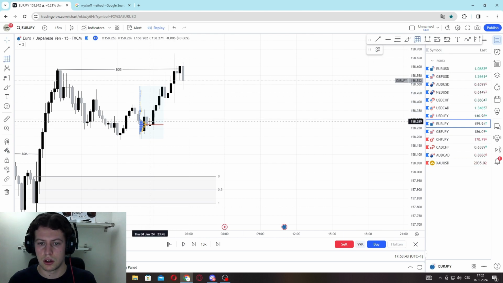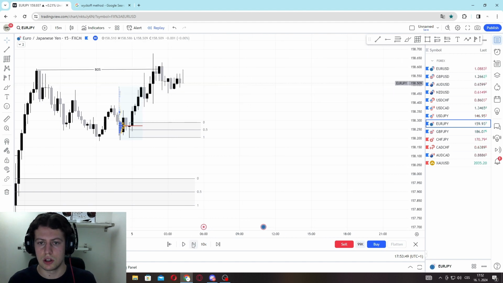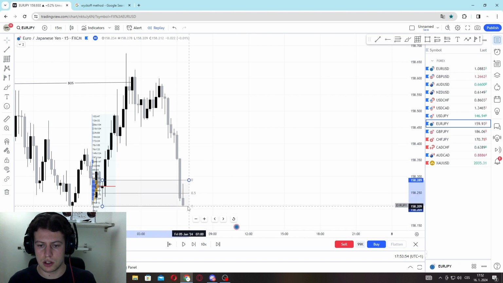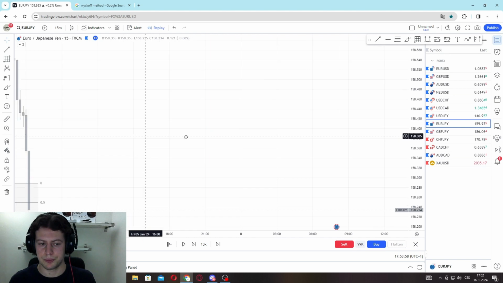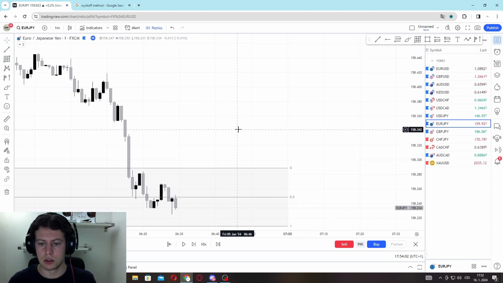So I have marked up this supply zone. We wait. Okay, so here you can see that we are in the 50% of the zone. We go on a 1 minute, and now what happened?